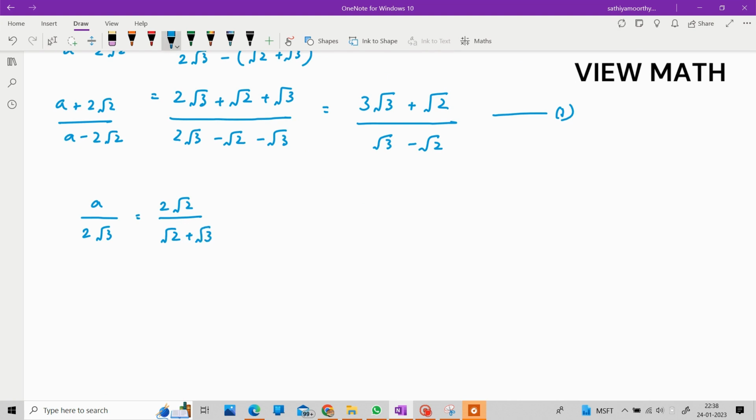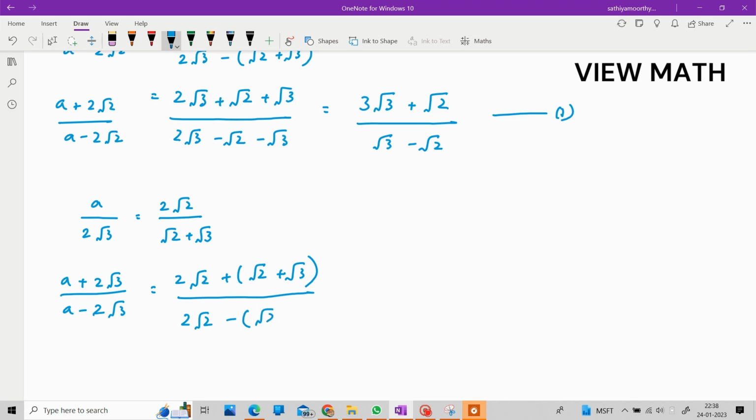Now I am going to apply the componendo and dividendo property. A plus 2 root 3 by a minus 2 root 3 is equal to 2 into root 2 plus, let me write it inside the bracket and then remove the bracket so that we will not make any mistake, 2 root 2 minus root 2 plus root 3.